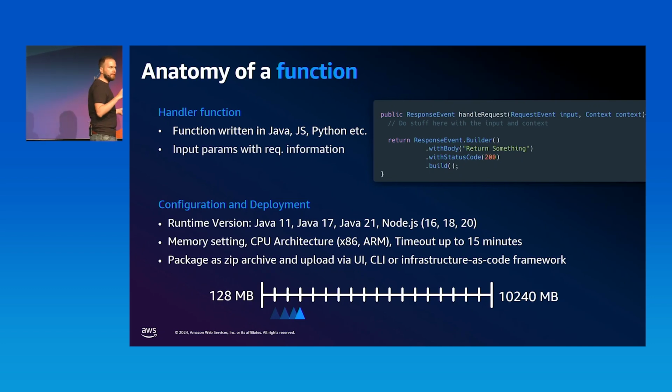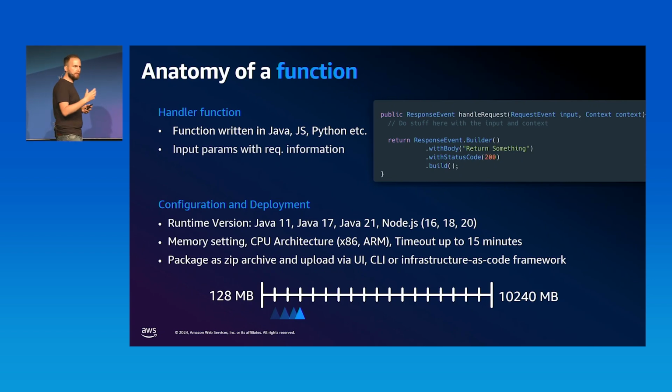Then you can define the runtime that you want to choose, like Java and so forth. And then you have a certain set of settings you can set, like CPU architecture, x86 or ARM, and a certain memory level. The CPU and the network throughput are aligned proportionally.